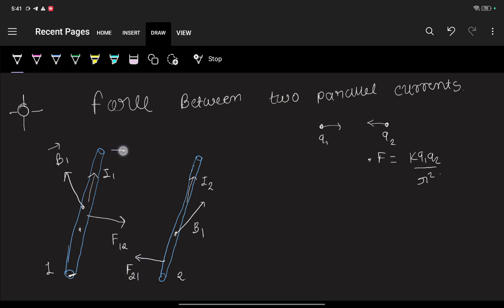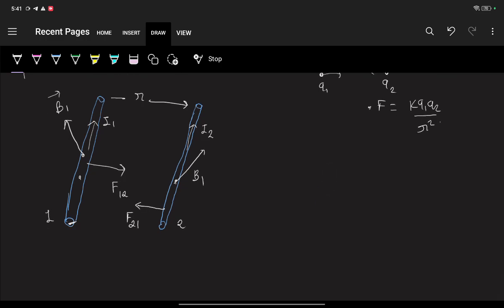Let's say the distance between these two wires is R. So first of all, the magnetic field due to this wire can be given as B1 is mu naught I1 upon 2 pi R. Remember the formula, magnetic field due to a wire is given by mu naught I1 upon 2 pi R, right?